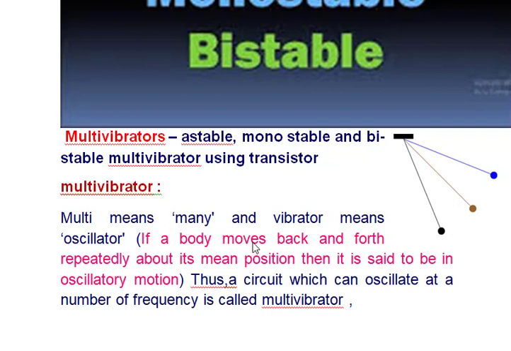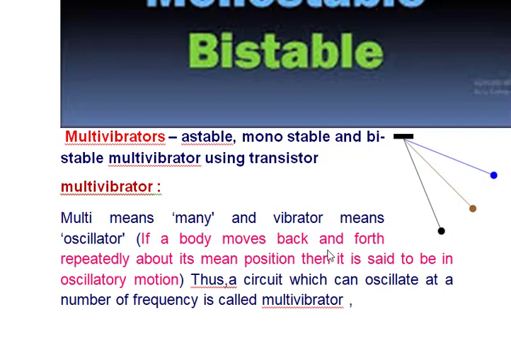You know what oscillations are? A metal bob is tied with a rope and it is allowed to oscillate. The oscillation starts from here, goes there, and comes again here. It is known as one oscillation, a simple oscillatory motion.